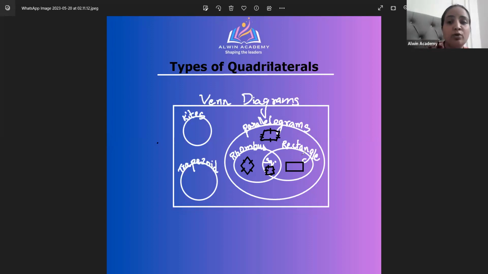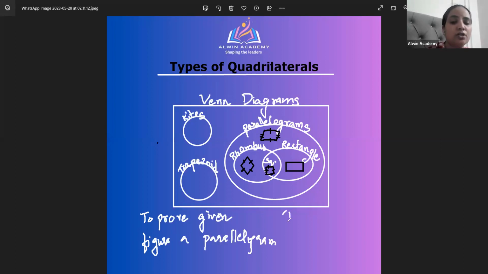So please take a note of it: to prove a given figure a parallelogram, how do we do it?